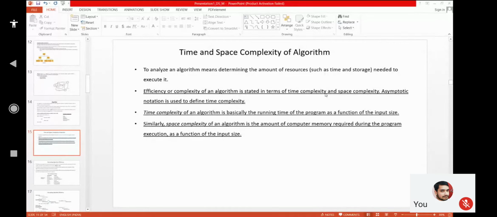An algorithm that executes on a Pentium 4 machine always takes much more time than it takes on a workstation or i7 machine. Clear? So that's why we will not bother here about exact time. Here we basically represent time complexity as a function of input of an algorithm.